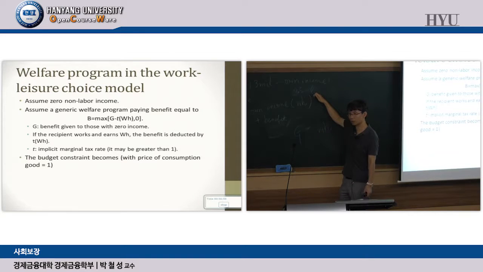You earned 0.5 million won by yourself, but your total income doesn't change. If you earned nothing, you get 1.3 million. If you earn 0.5 million, you still get 1.3. Why? Because the government will reduce the benefit by exactly 0.5.